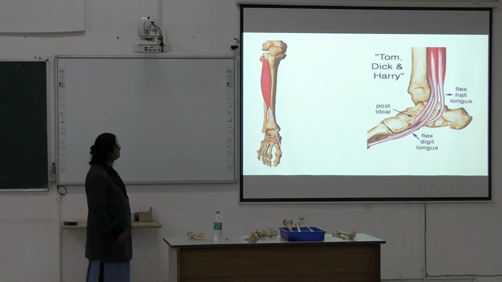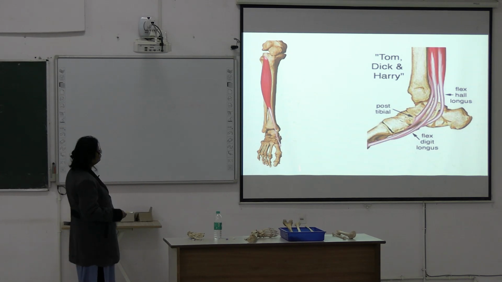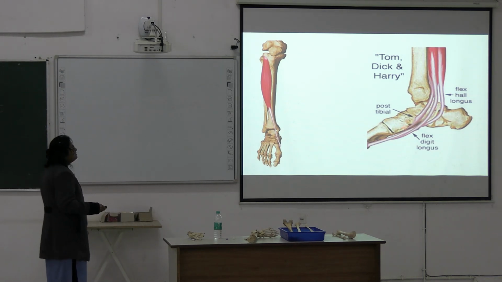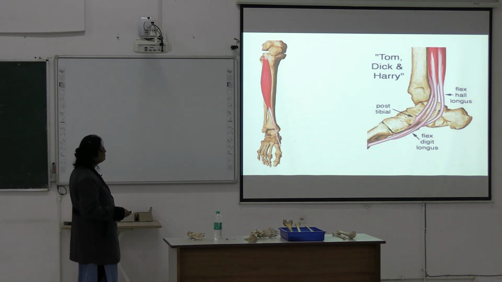Next, you can see here this is tibialis anterior, forming a sling for the medial arch. Here you can see the flexor hallucis longus, flexor digitorum longus, and tibialis posterior. Okay.